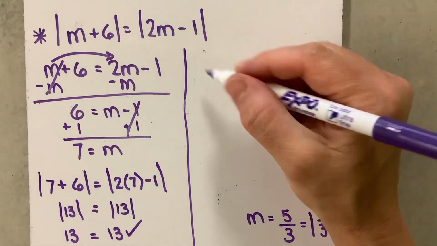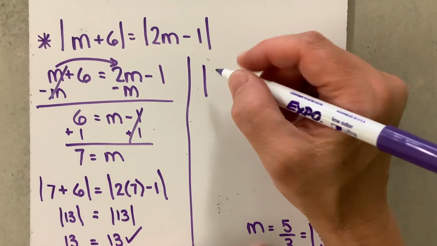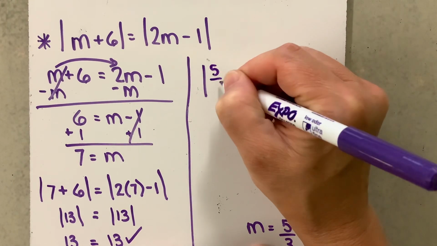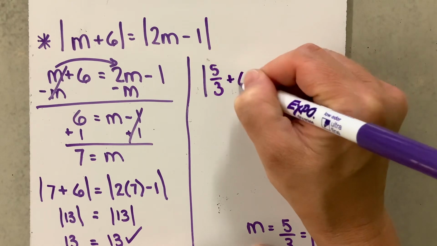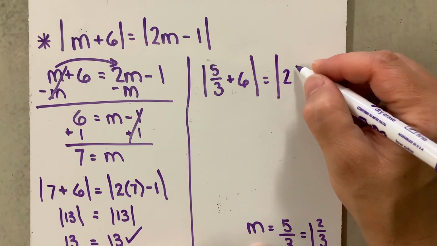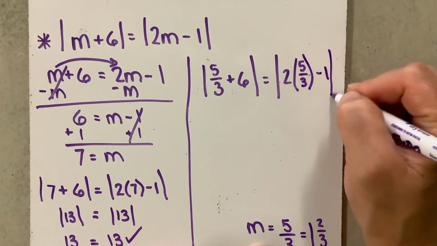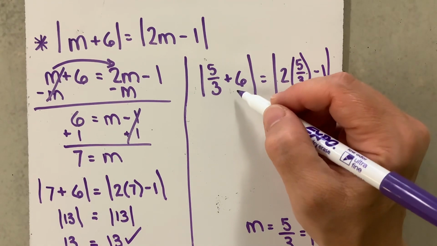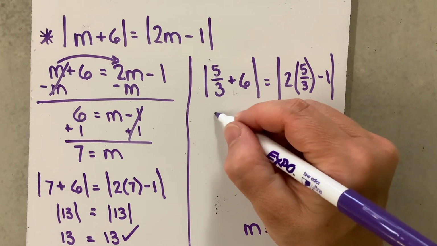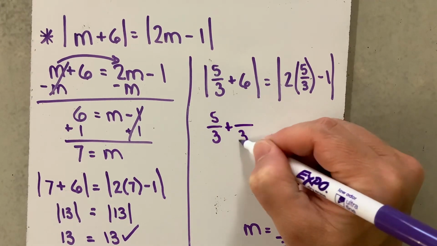So the absolute value of, I'm going to stick with my fraction, the 5/3 plus 6 equals the absolute value of 2 times the 5/3 minus 1. First thing, let me change this into a fraction with a denominator of 3.